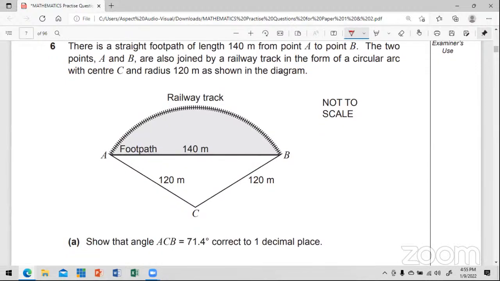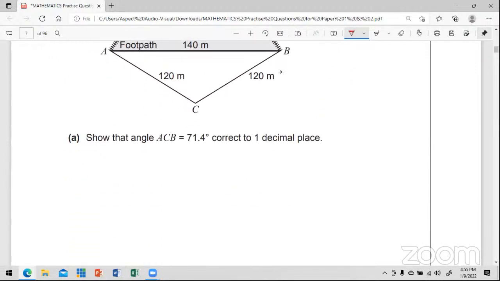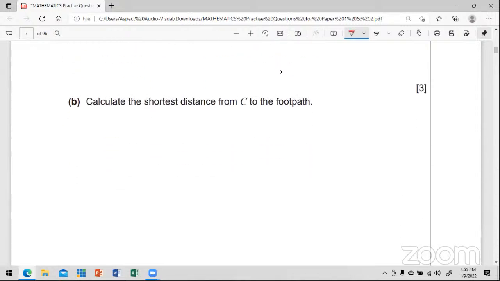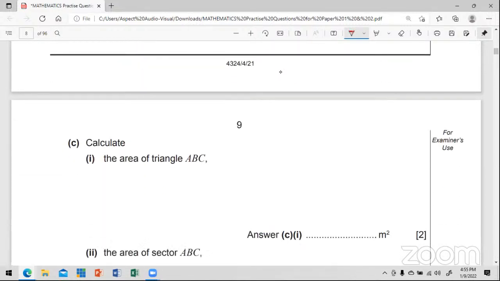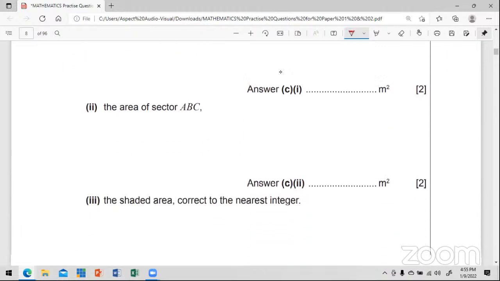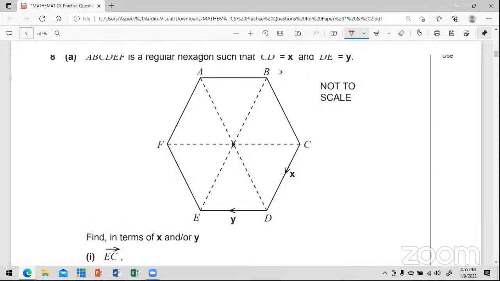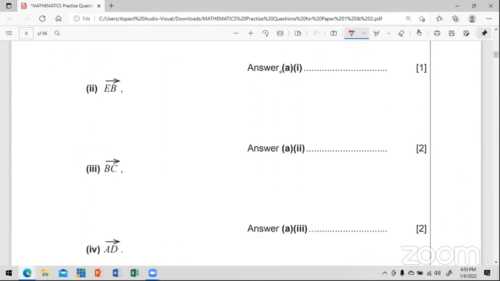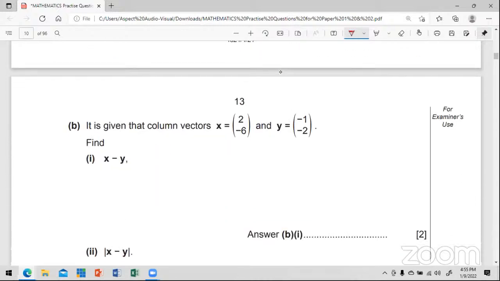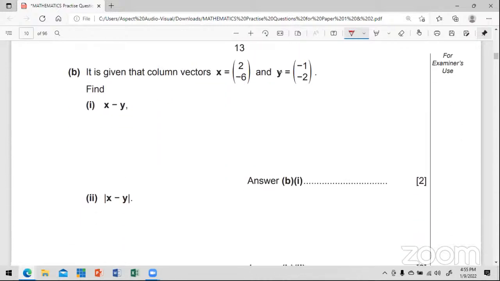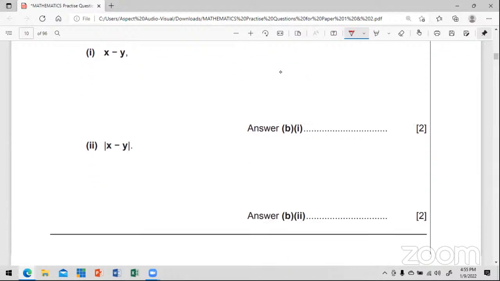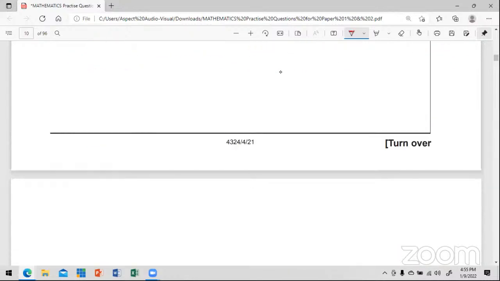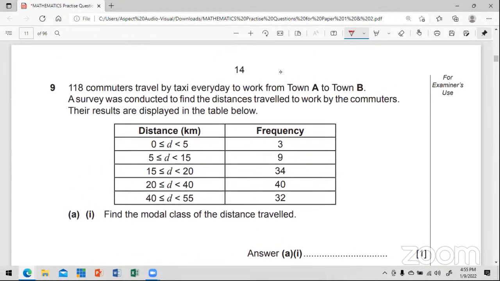Trigonometry, we have looked at that one. All these area things, we have spoken about those things. Yes, even this one. All these things, vectors, we have looked at them.